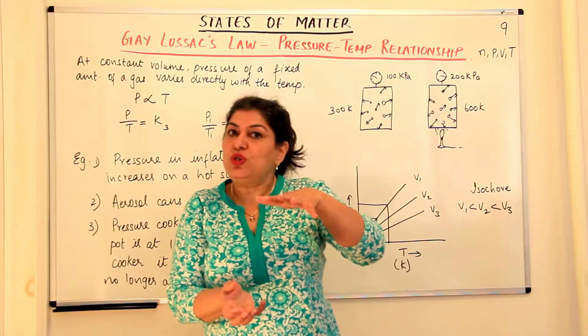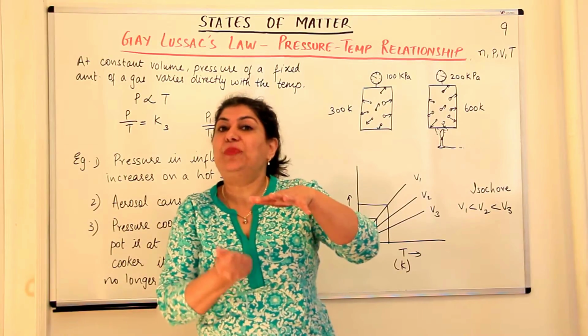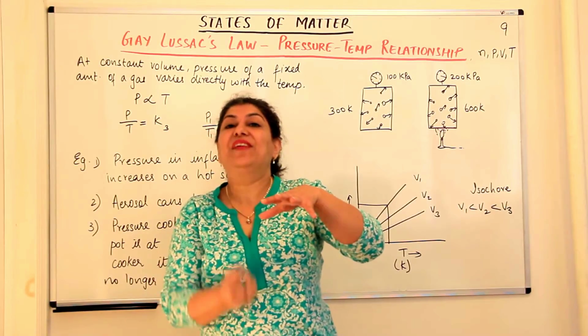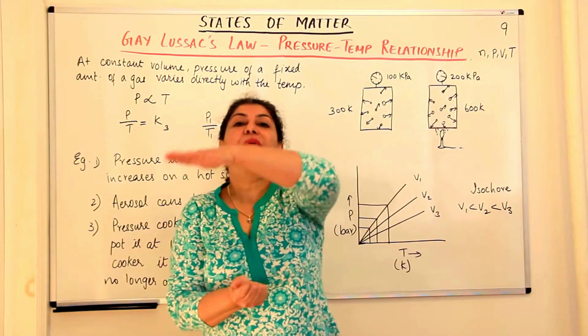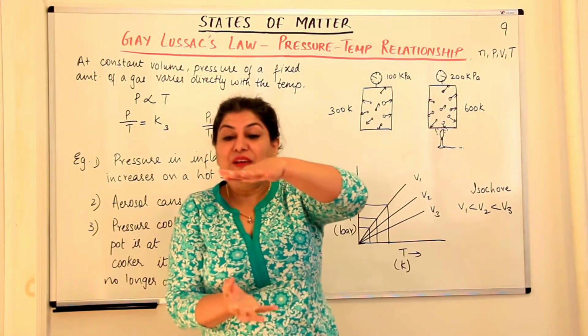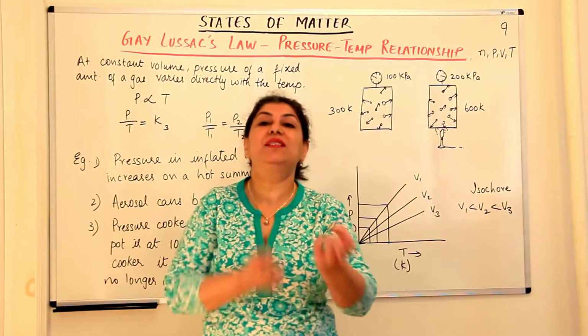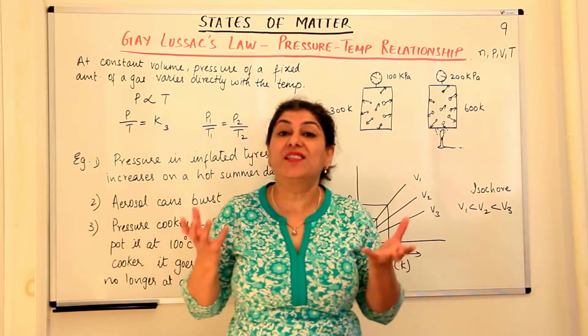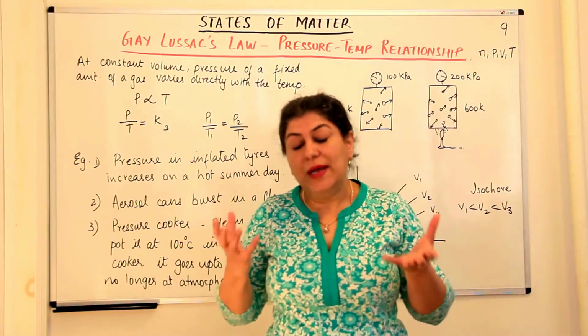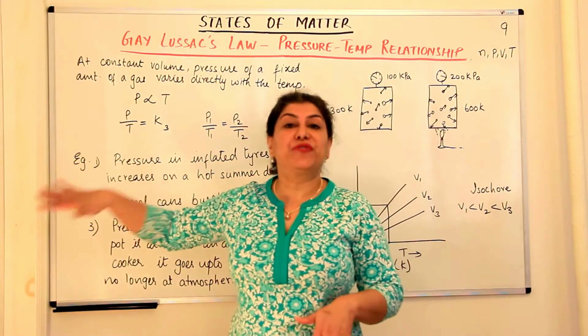Why? Because the molecules which gain that much kinetic energy to be gaseous have a pressure equal to the atmospheric pressure, and therefore you can see gaseous molecules rising as bubbles. Now, this happens at 1 atmospheric pressure.